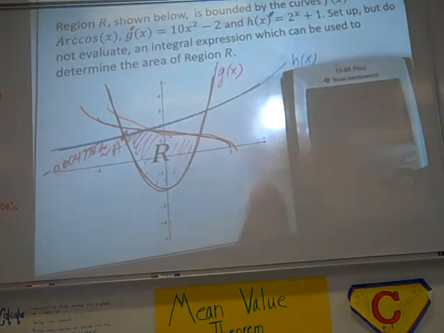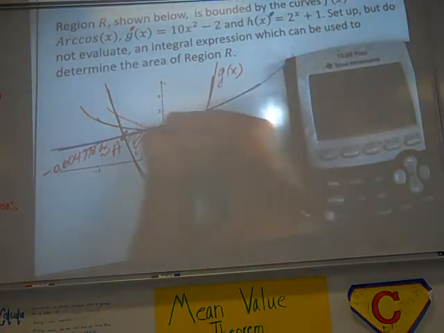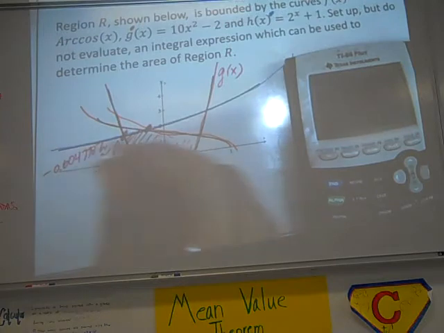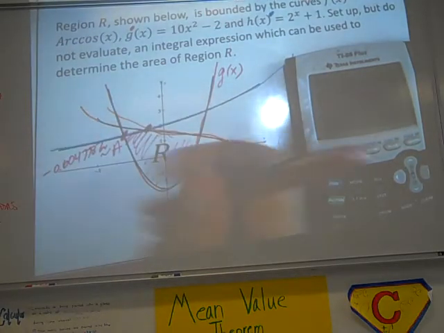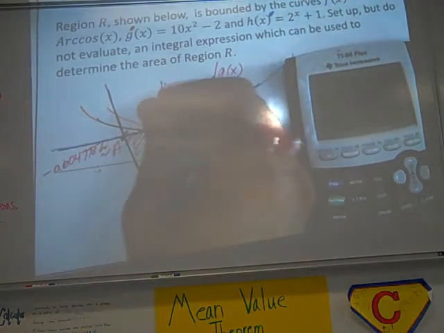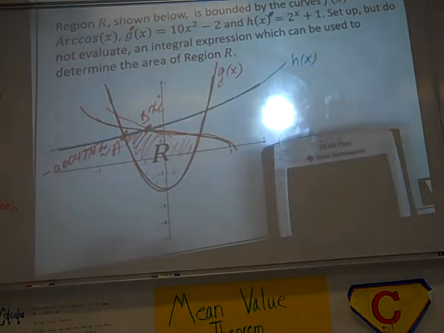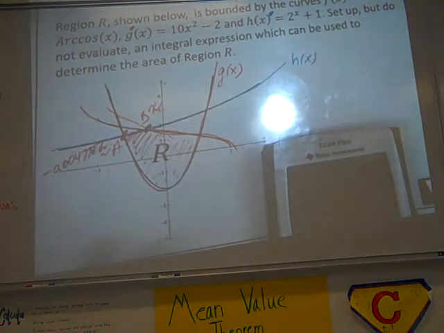Great. Another intersection point I need is over here. That is when the exponential and the arc cosine intersect. Let's call that B, and let's get that value off the calculator. Again, we go to the graph, second calc, intersection.